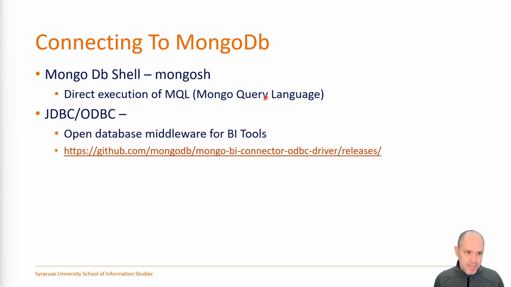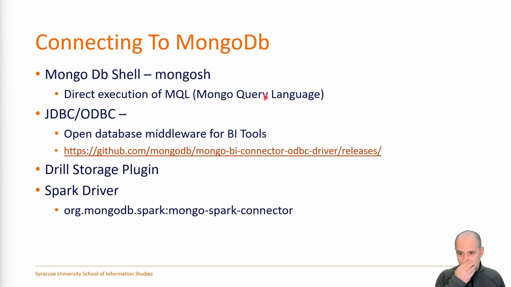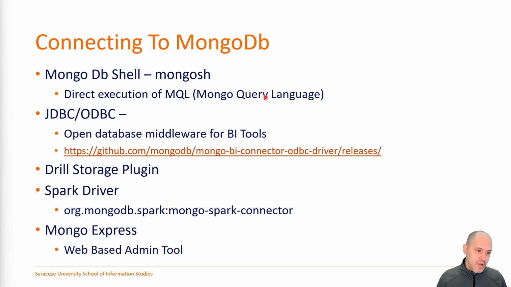You can also use an ODBC or JDBC driver, and then from there you can query it like it's a tabular-like structure in your favorite BI tool. You can use Drill or Spark. Either of those work. There's also a web tool called Mongo Express, which allows you to access the database and see the databases you have set up on the cluster, see collections, things like that.